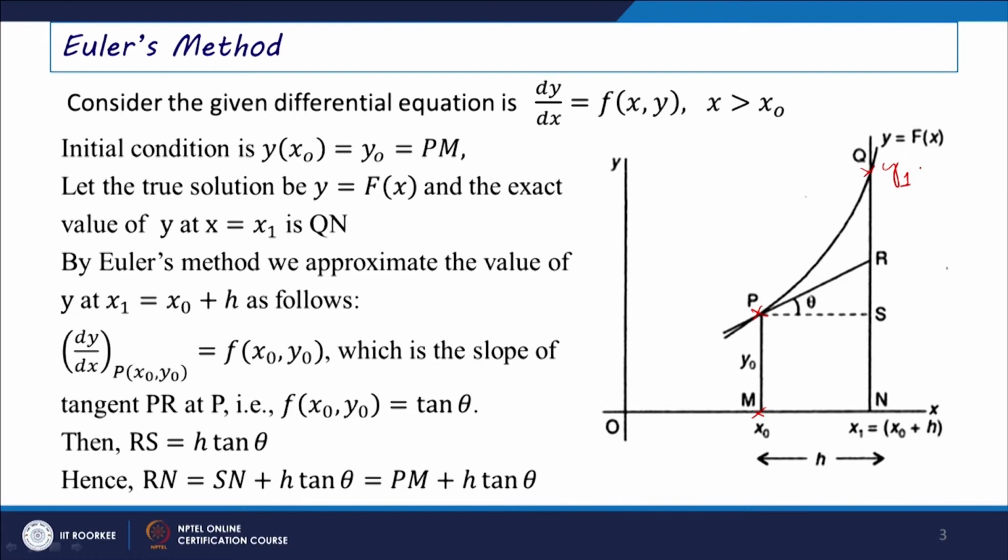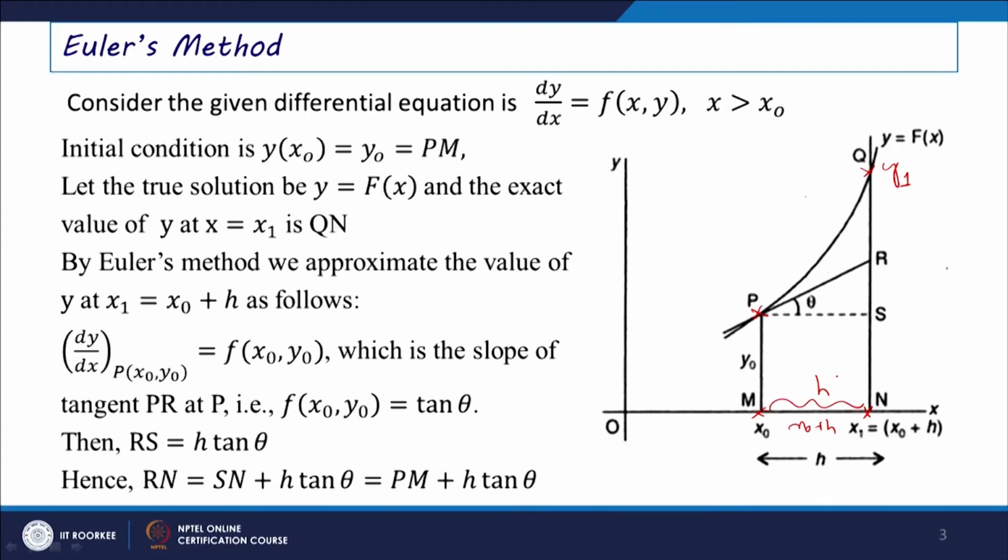Corresponding to y1 we have x1, that is x0 plus h, which is x1. So h is the space length from here to here.